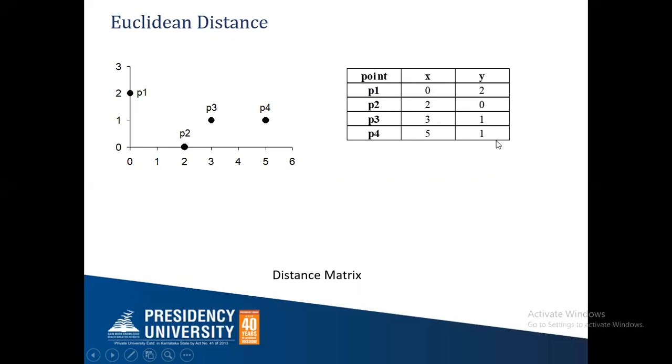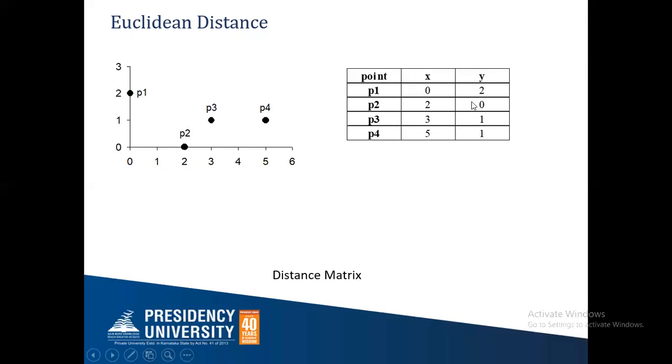X and y coordinates. Now, next we have to calculate the distance matrix. It can be calculated using the Euclidean distance formula. So that means we are going to find the difference. So x1 minus x2 whole square plus y1 minus y2 whole square, right?